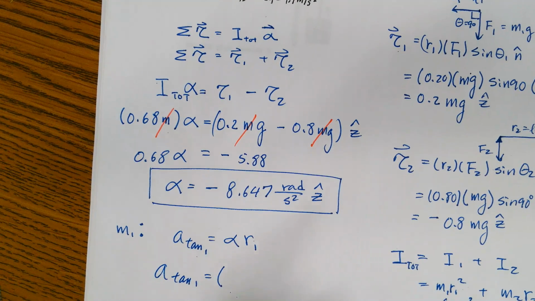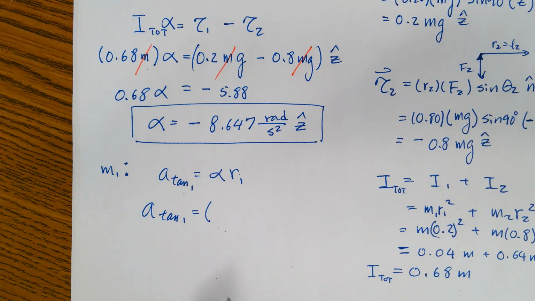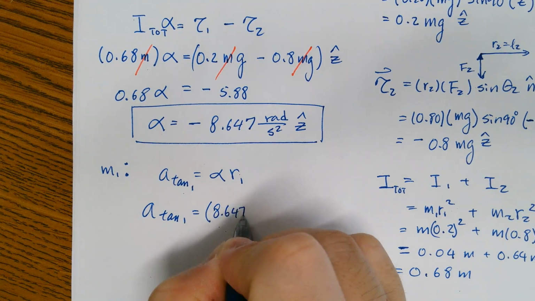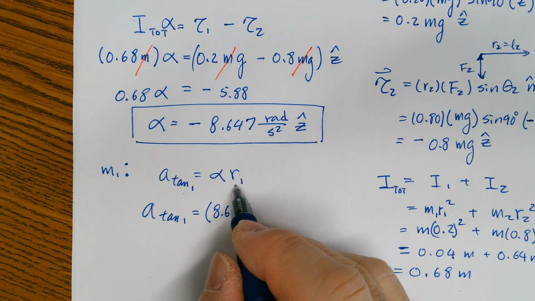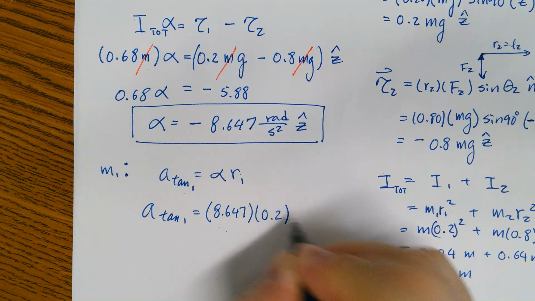I just want to find the magnitude of the tangential acceleration first; we can always give directions after. So I'm going to use 8.647 for now, times R1, which is 0.2 meters.